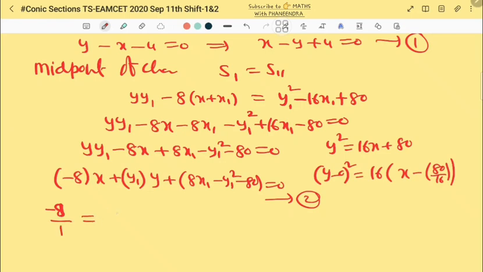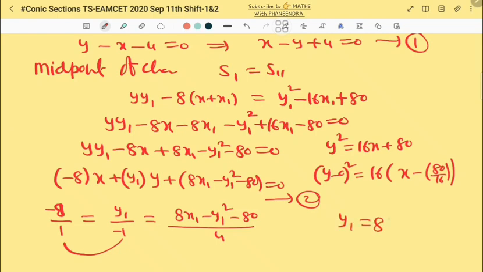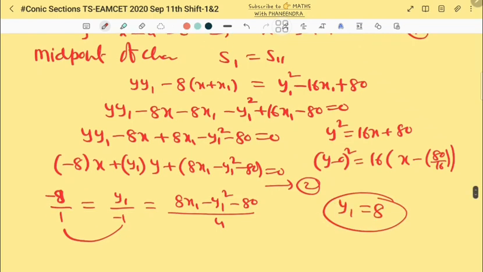Here the y coefficient is y1, here the y coefficient is minus 1. Equal to 8x1 minus y1 square minus 80. Therefore, equating these two, the minus signs cancel, and the y1 value will become 8.